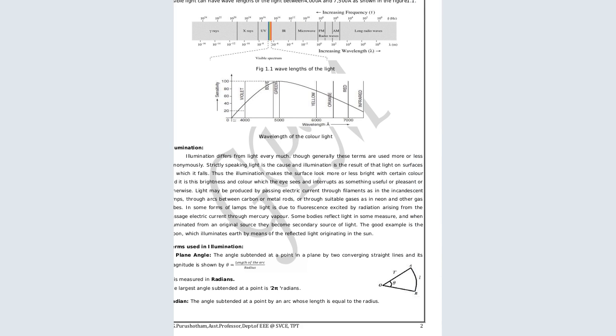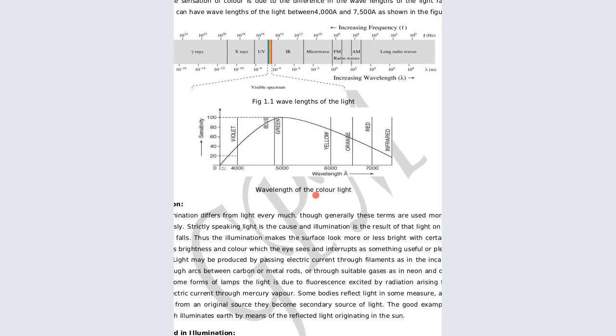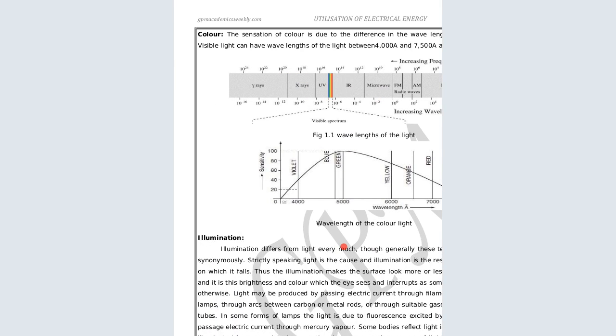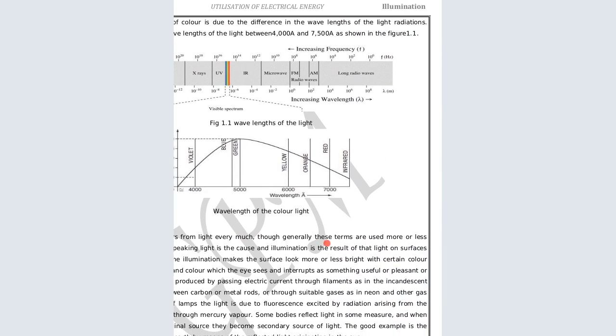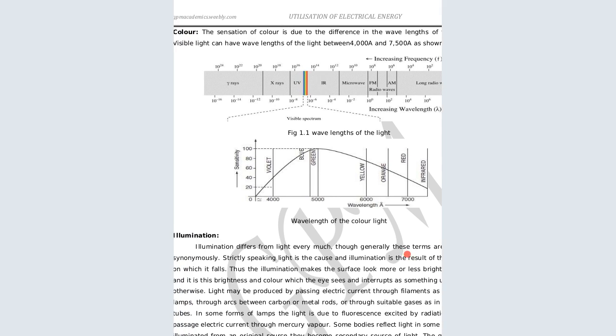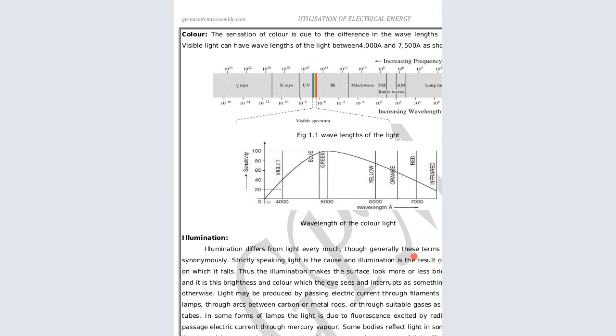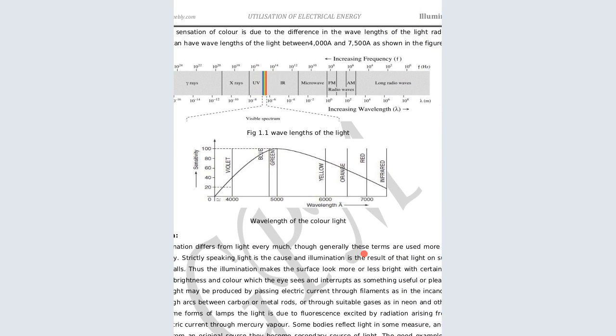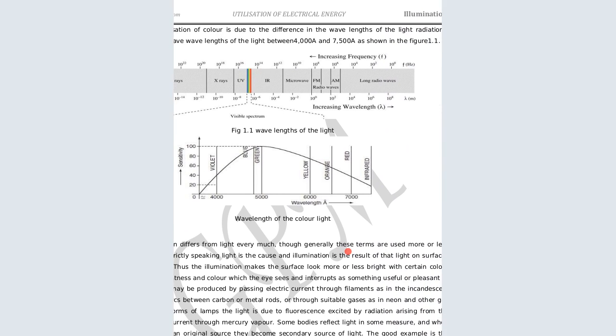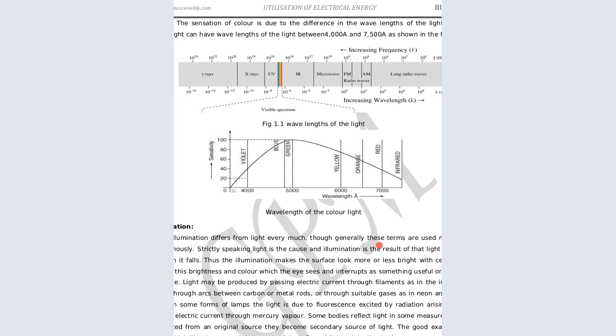You can now see how the wavelengths of rays vary. I can zoom out so that you see. The sensation of color is due to the difference in the wavelength of light radiations. Visible light has a wavelength between 4,000 and 7,500, as shown in the figure.